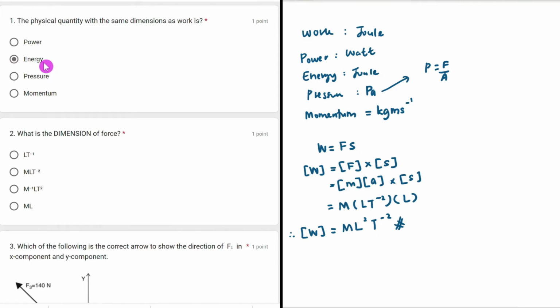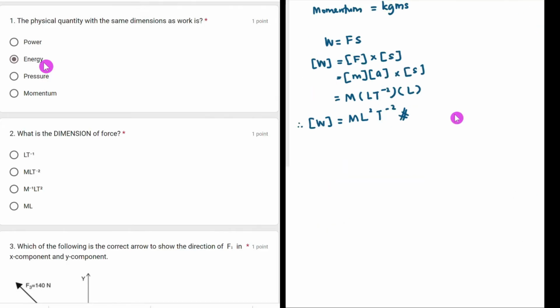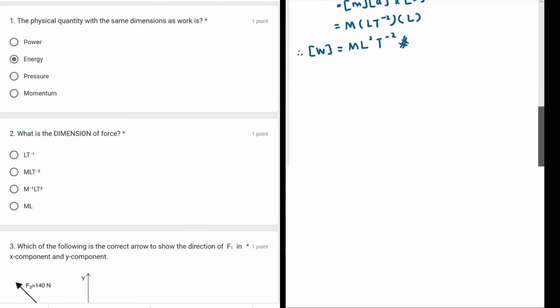Okay, next, what is dimension of force? Okay, alright, so next question number 2, what is dimension of force? Okay, so kalau kita tak ingat dimension of force, kita boleh tulis sikit lah.